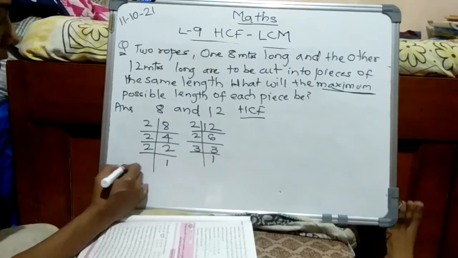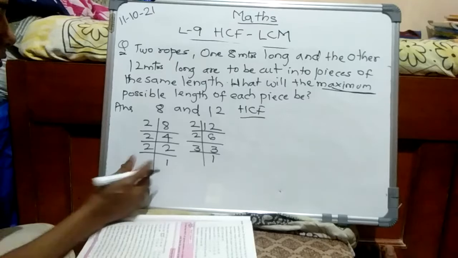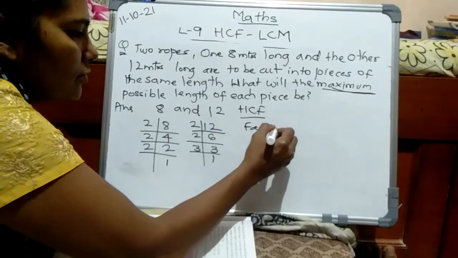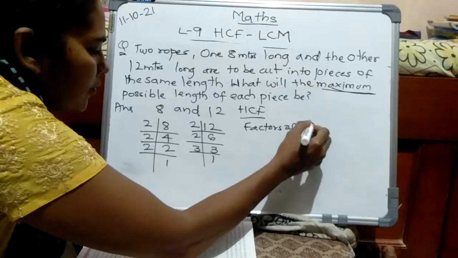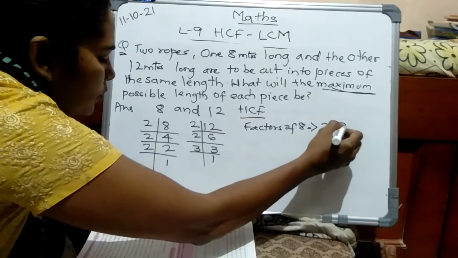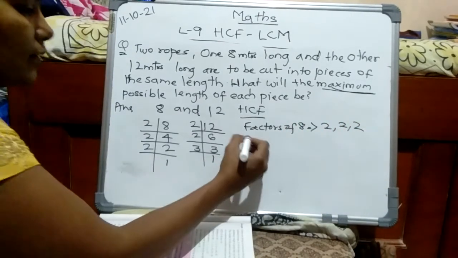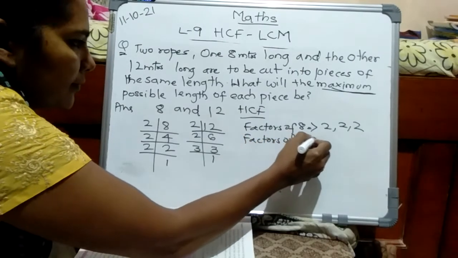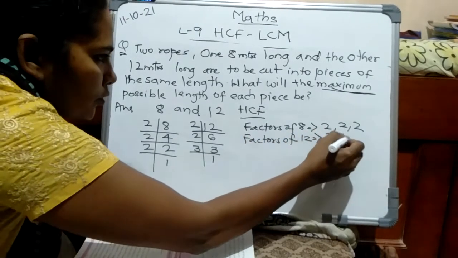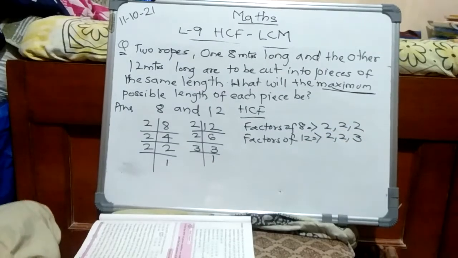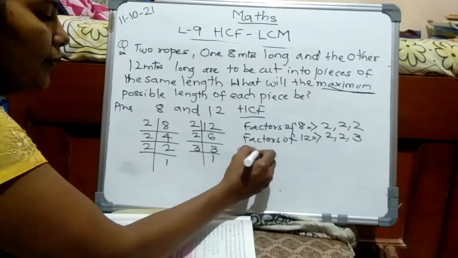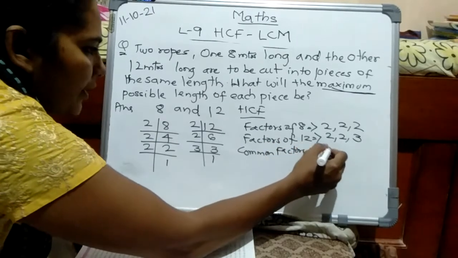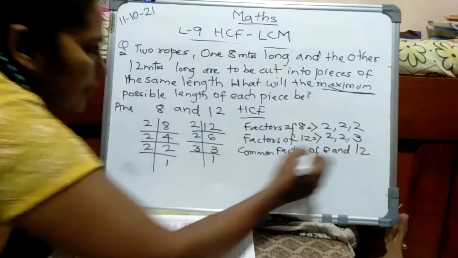Now first we will write the factors over here. Factors of 8 are 2, 2, 2. Then factors of 12 are 2, 2, 3. Correct. Now we will write the common factors of 8 and 12.